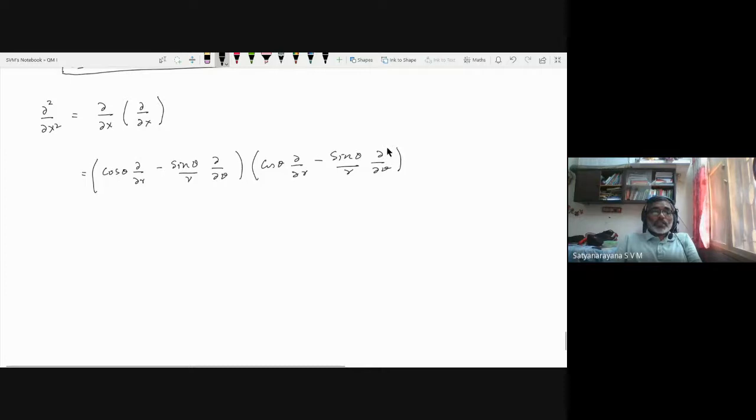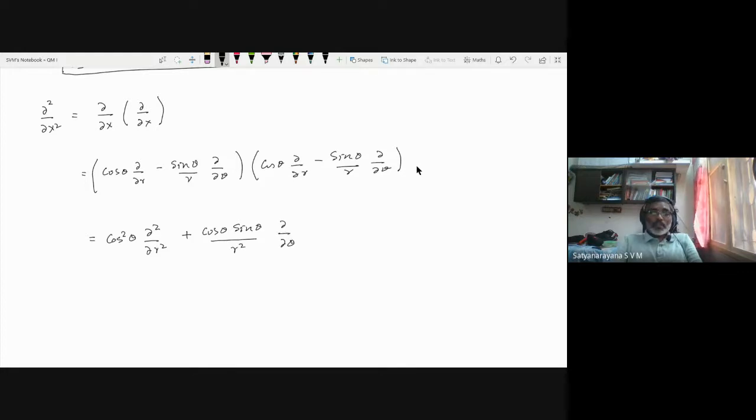So now you can see that this will act on each one of these. So first thing is, it acts on cos θ into ∂/∂r, giving cos²θ into ∂²/∂r². r and θ are independent, so this ∂/∂r will not act on cos θ. And this will act on this one in two different ways. First thing is it will have plus cos θ sin θ divided by r² into ∂/∂θ.